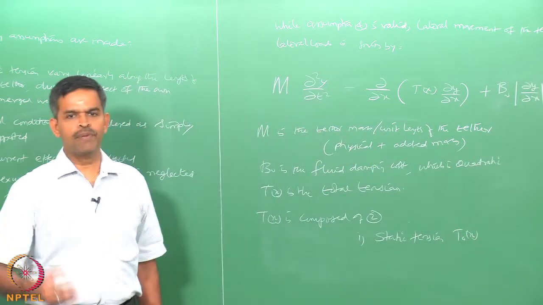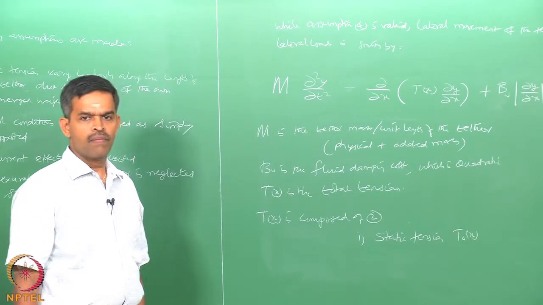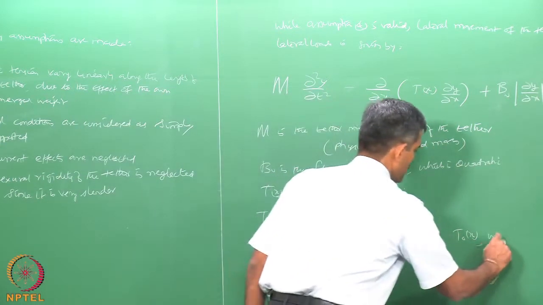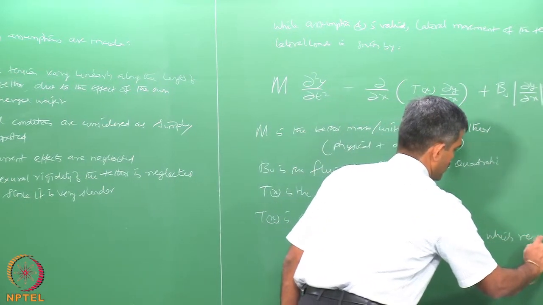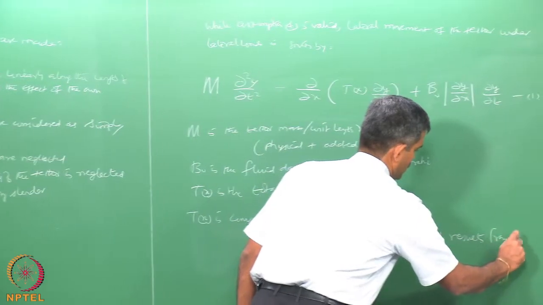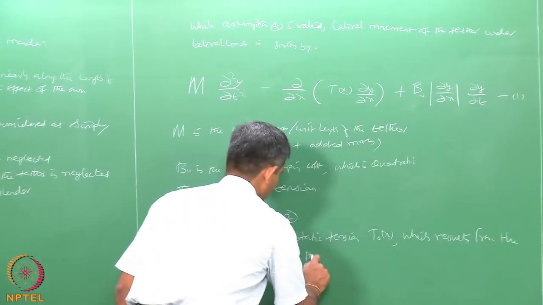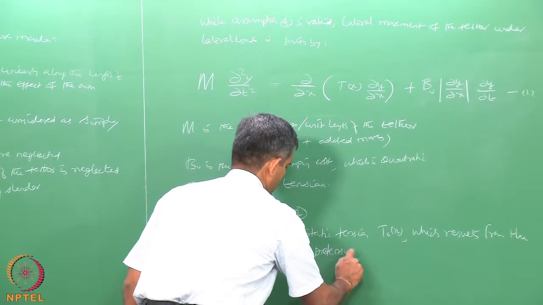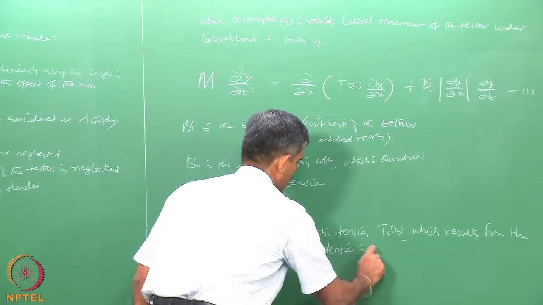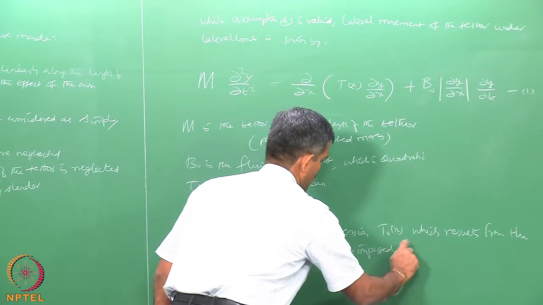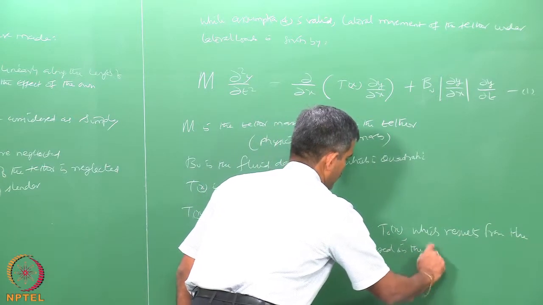T0 stands for initial pretension or static tension, which results from the pretension imposed on the platform.